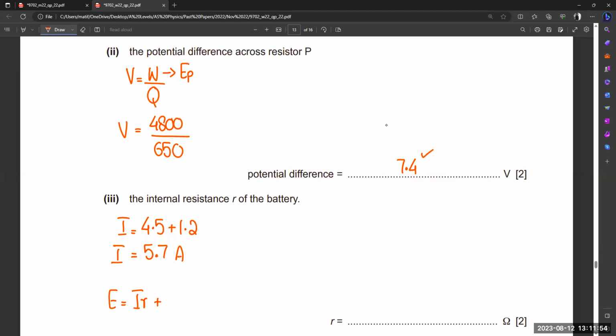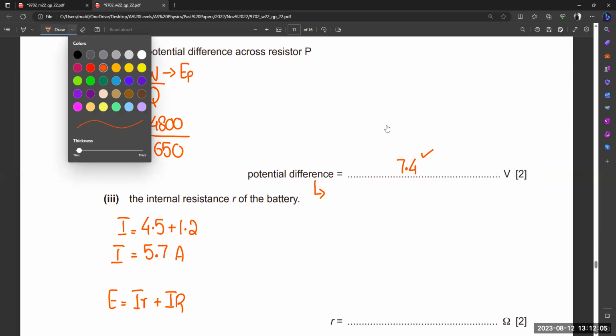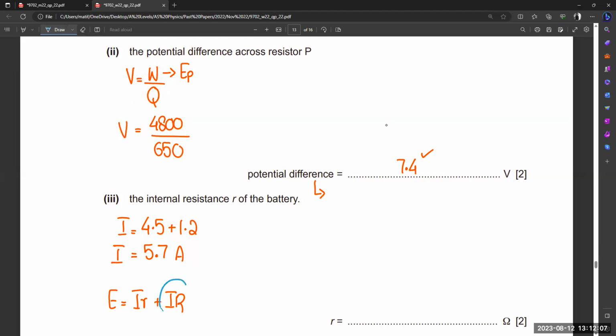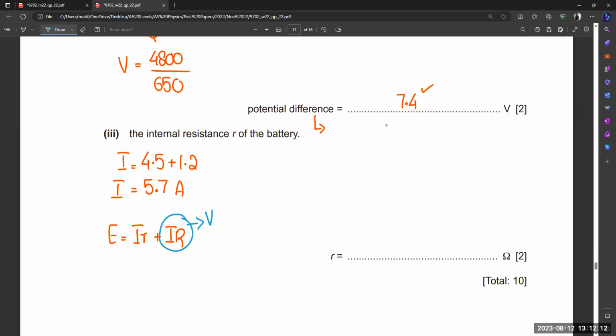And we know that with the help of potential difference, it is equal to I capital R, right? And in short, we can say that this IR is equal to V. So if you want, you can solve with the reference of IR. For that, you need to add the resistance first, and you need to combine the current.